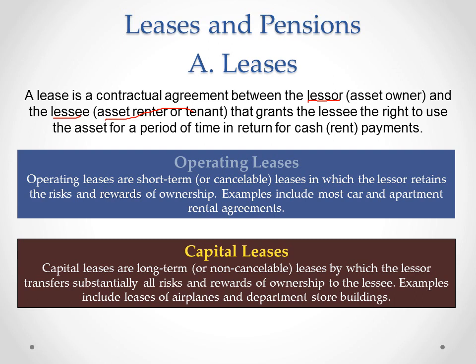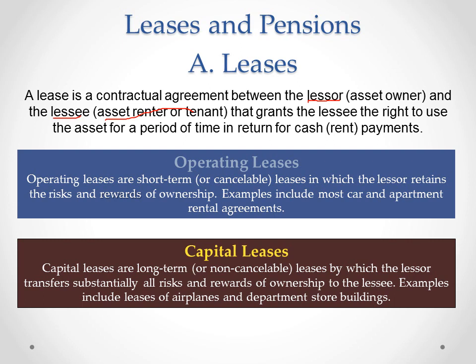So we have here two types of leases. One is called operating leases and the other type is called capital leases. The difference between them is the period of time. If I make a contract for a long period of time, which is more than 1 year, I will call this a capital lease.